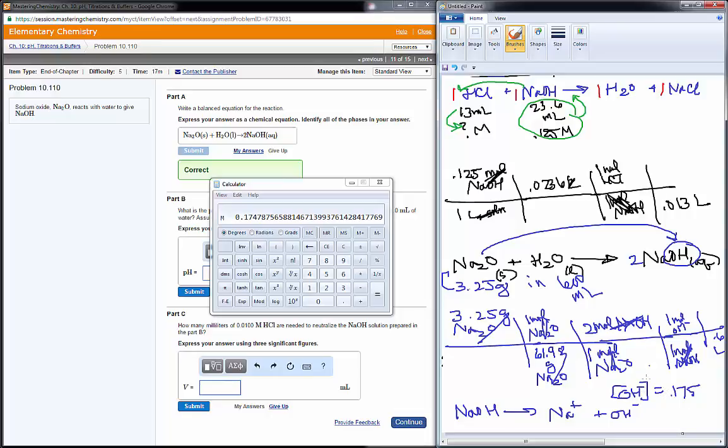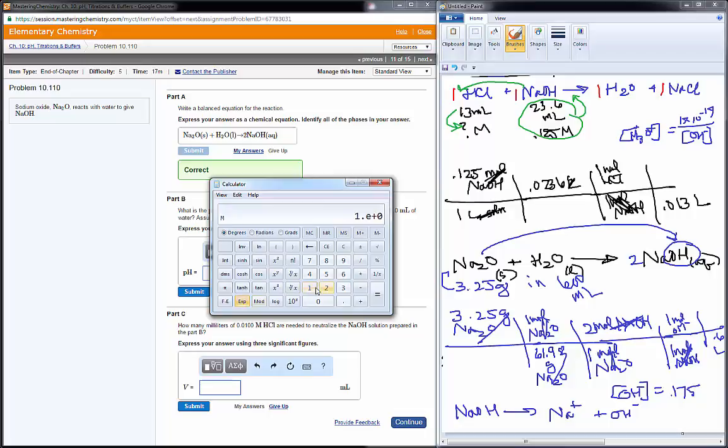Now I have to interface this with the equations that we've been using previously. That is to say, my H3O plus equals 1 times 10 to the negative 14th divided by my hydroxide. So I want 1 times 10 to the negative 14th divided by this value. I'm going to store that value.